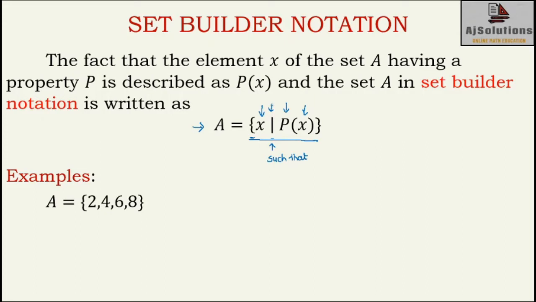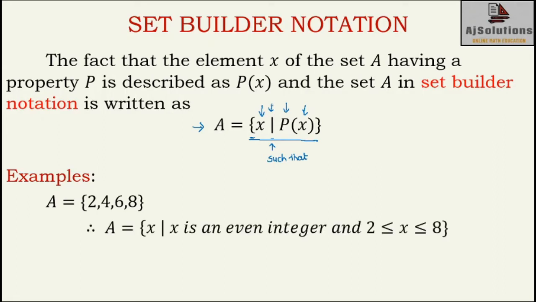Number 2, they are even integers, and number 3, they are integers between 2 and 8, where 2 and 8 are included. So I can write this A as collection of all those x such that x is an even integer and x is greater than or equal to 2 and less than or equal to 8. There can be many ways of writing the same thing in set builder notation, and this is one of them.